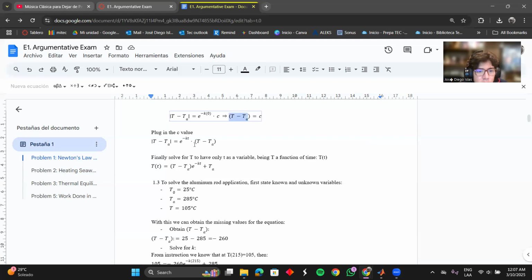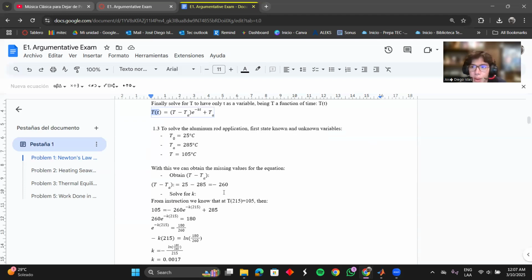So we know that e to the minus kt is multiplied by c in this part. To make it a function of temperature, we pass this to the other side as a sum, and we get temperature as a function of time in this part.